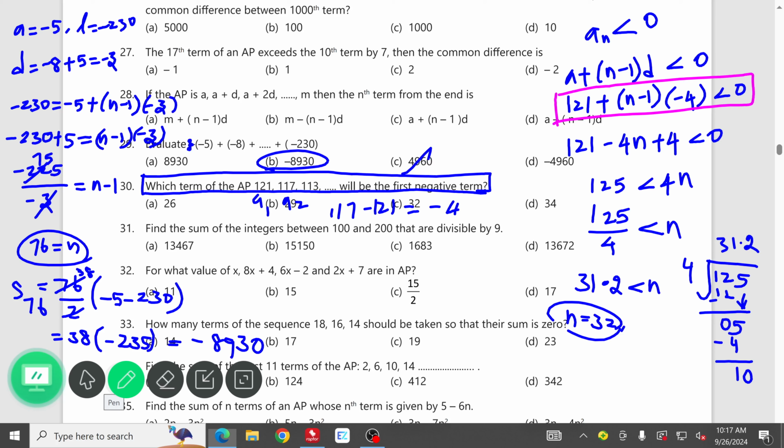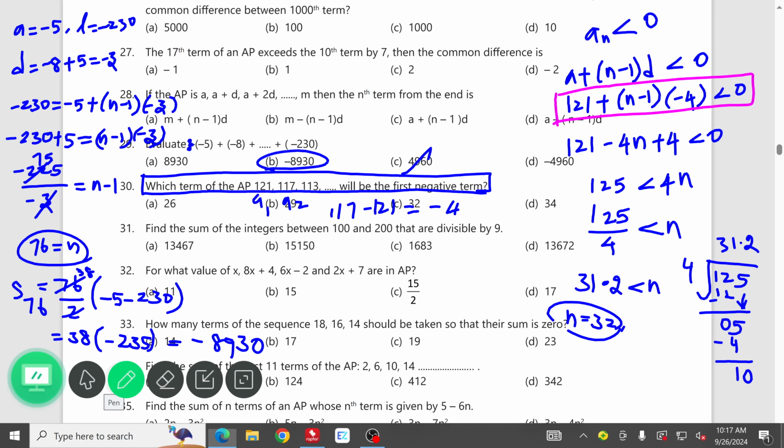But in multiplication or division, if there is a negative, you should not cancel the negative. If you cancel, you should reverse the inequality: less than becomes greater than. Now I am going to cancel this, so when I cancel, I should change this symbol to greater than.